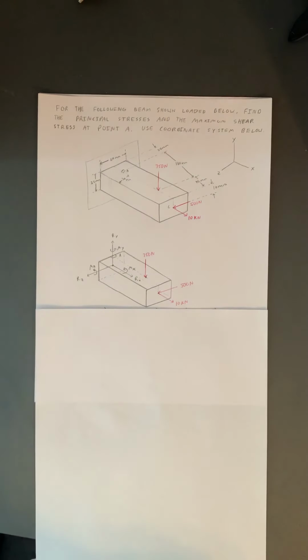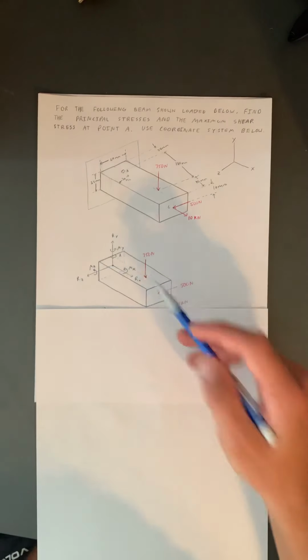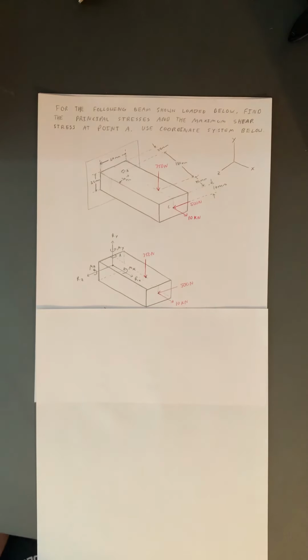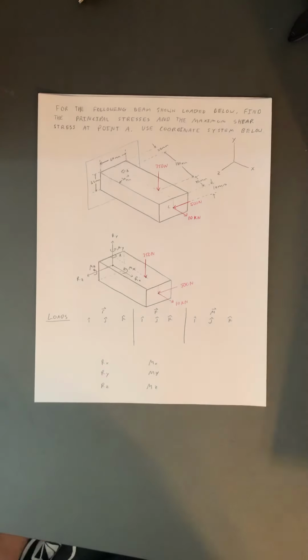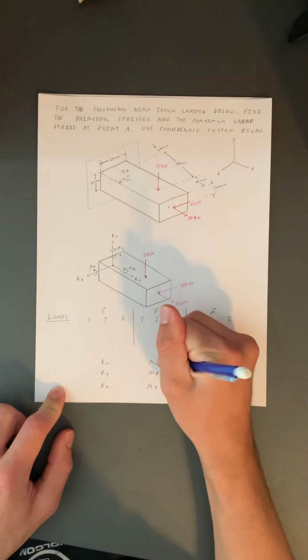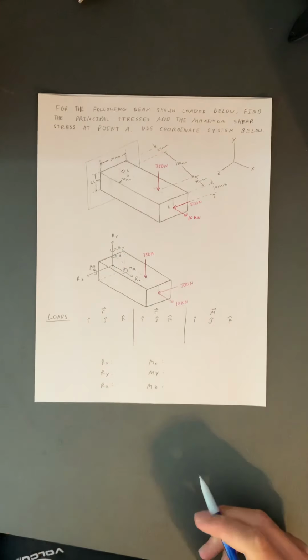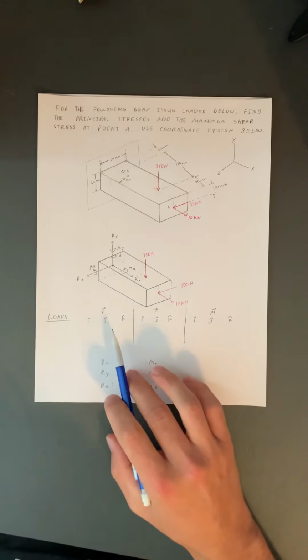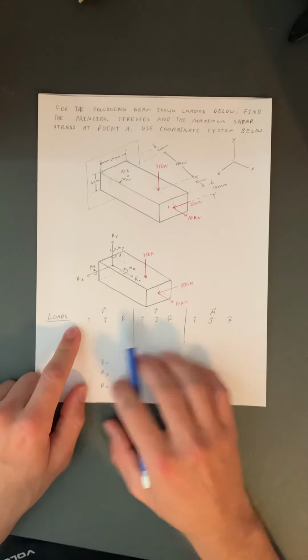Okay, so now we need to create a chart for the location, the force, and the moment. This will allow us to solve for our reaction forces, our Rx, Rz, and Ry. We do that by creating a simple table, which I've done here just to save some time. It is done by solving for the vectors.